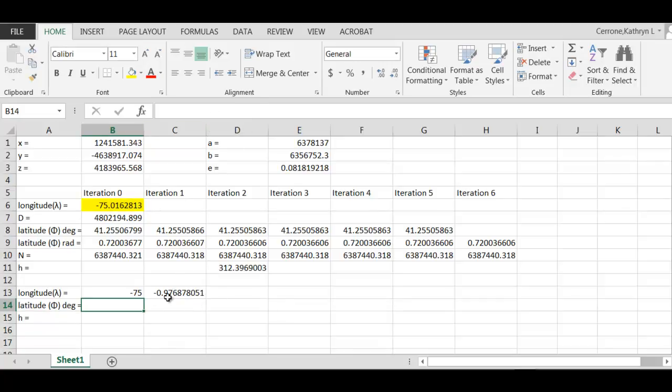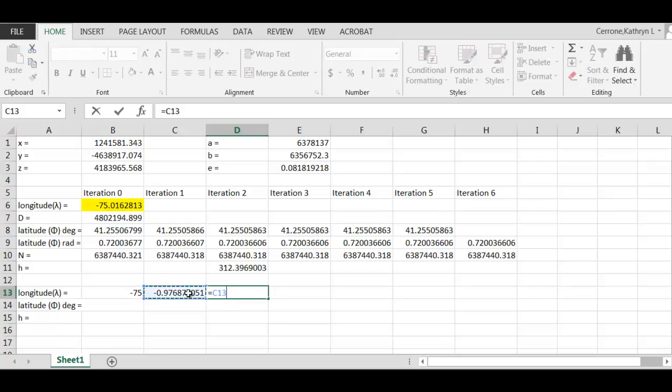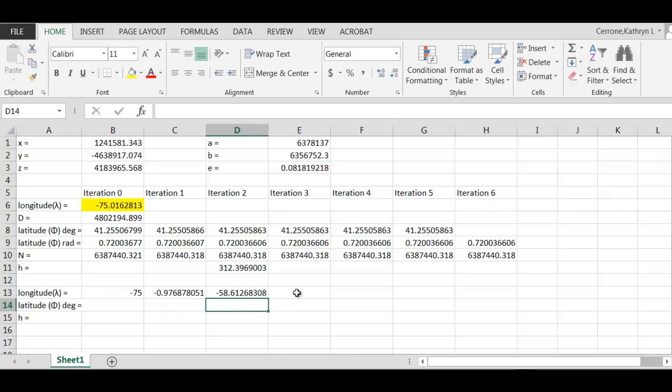So even that, we're not going to have any minutes in this case. Then we would just take this number again times 60, and we'd get about 58.6 seconds.